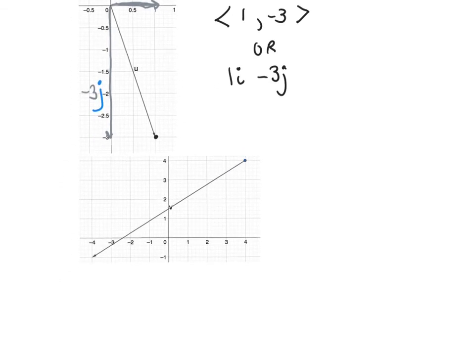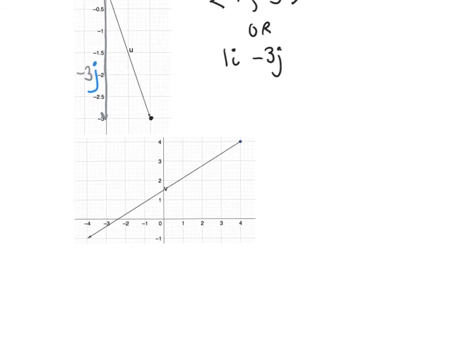So let's look at this next vector, putting it in component form. Now this one is interesting because this one does not start at the origin. This one starts over here and goes this way. Now you can move this vector or you can still do the same thing. We could think the y component is going this way, so it's going from 4 to -1. So it's going down 5j because it's going down in the y direction.